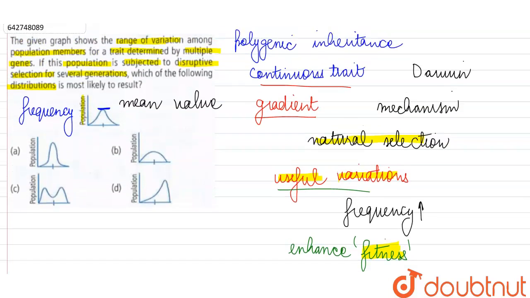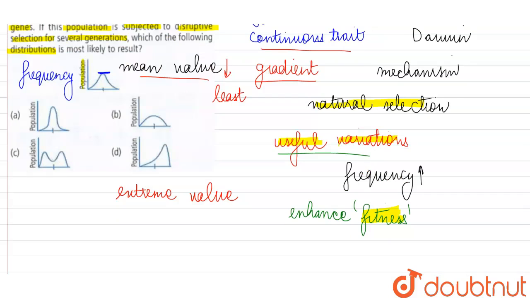disruptive selection is occurring. So, by disruptive selection we mean that the frequency of the mean value is the least and the frequency of the extreme value on either side of the mean value, that is for both the lesser and the higher level in the trait, is going to be more.